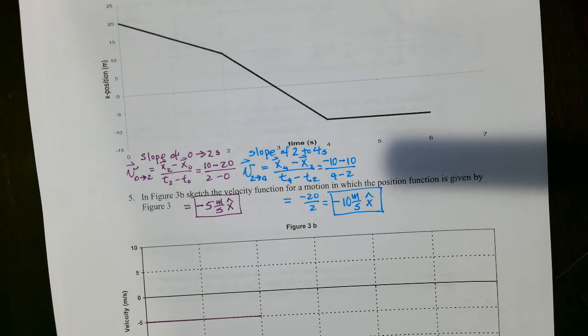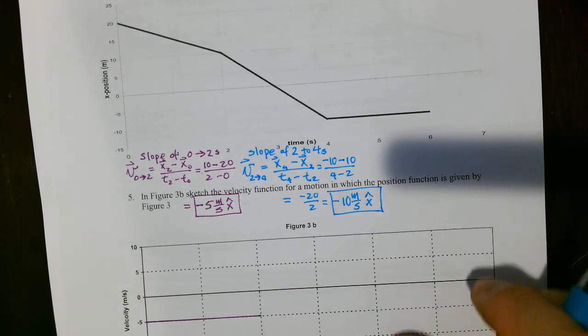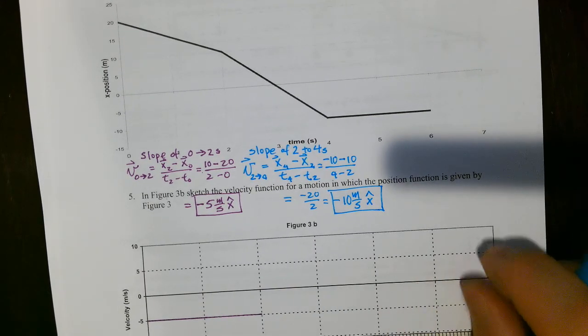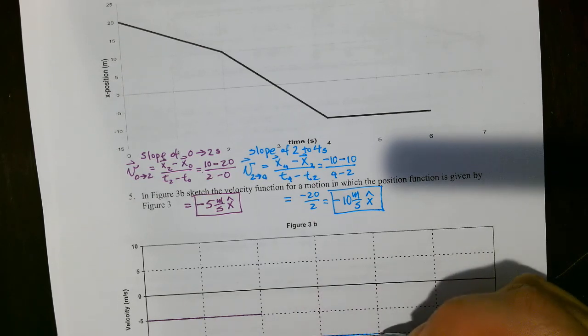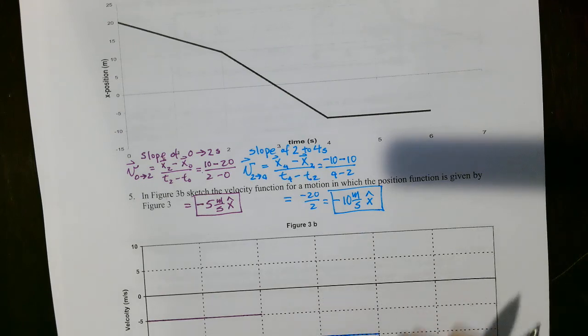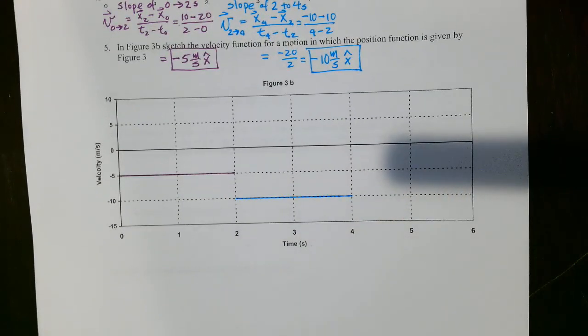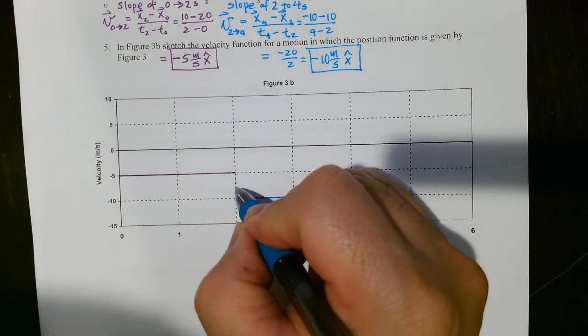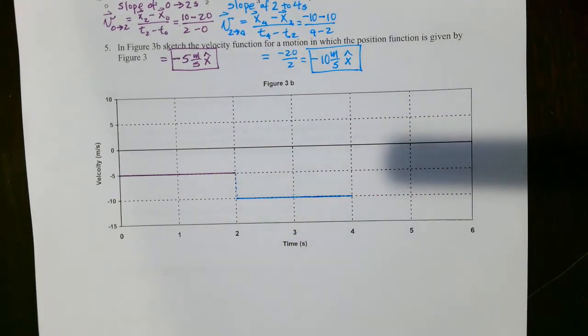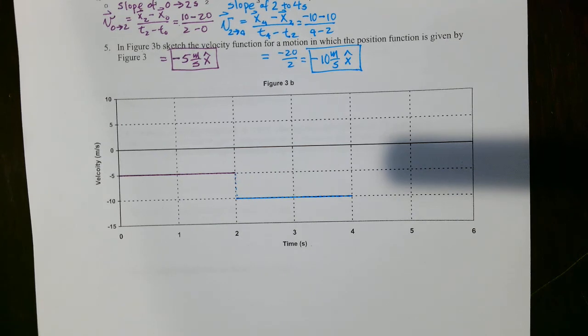So if we were to graph that, from 2 to 4 seconds, it is negative 10 meters per second x hat down here. So this would be the graph of the velocity versus time function from 2 to 4 seconds. Again, if you want to put a little dot down here, a little dot up here, that's fine. Okay.